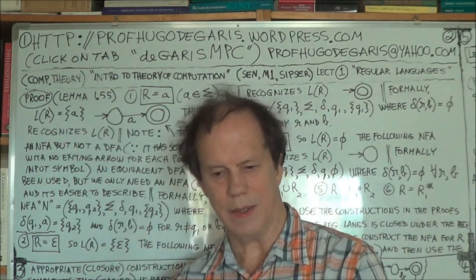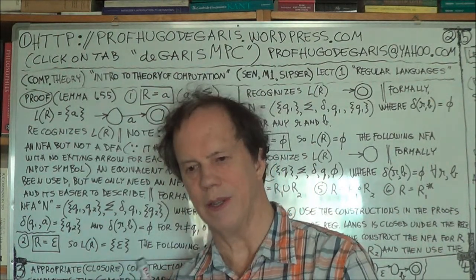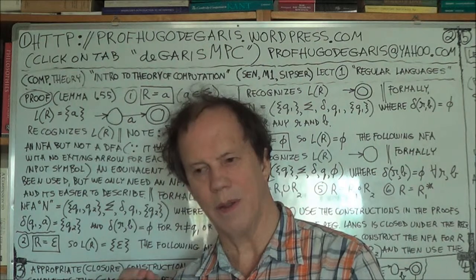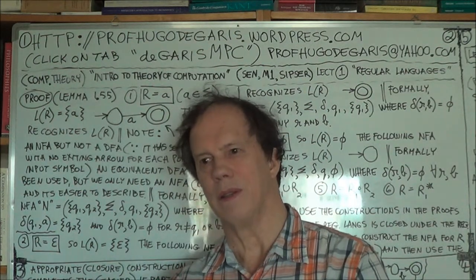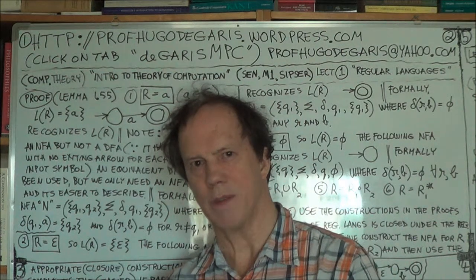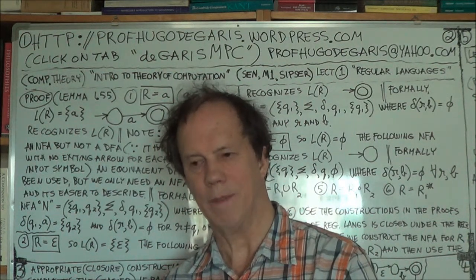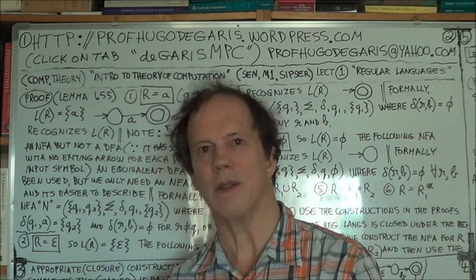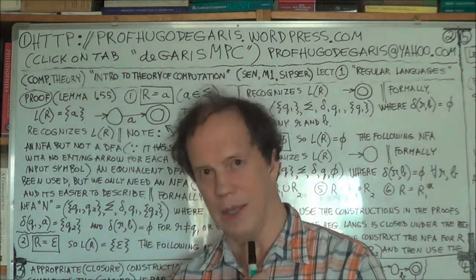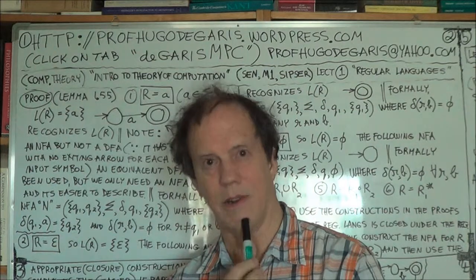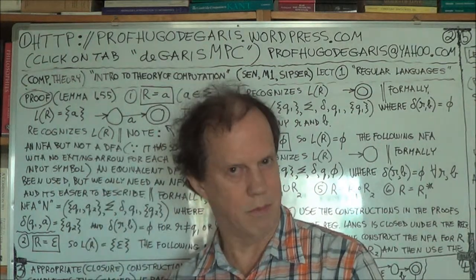And if we can do that, then we have found an NFA, a machine, an automaton, that recognizes the language that the regular expression describes. Okay? Well, if we found a machine that recognizes the language, by definition, that means that language is regular. And that's what we're trying to prove.